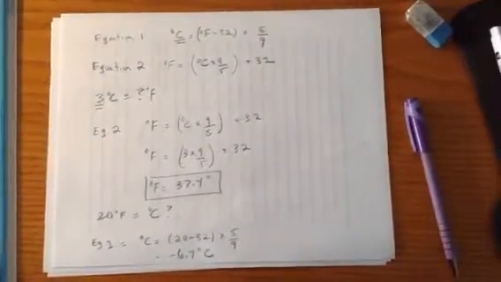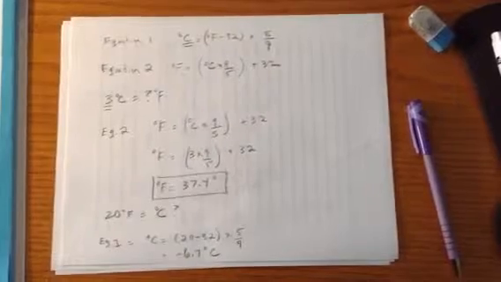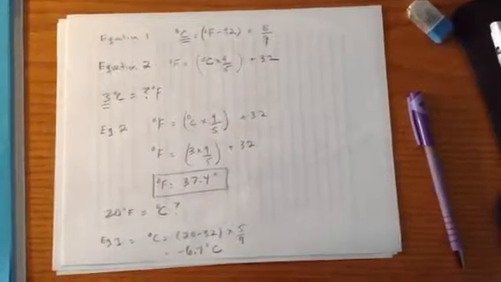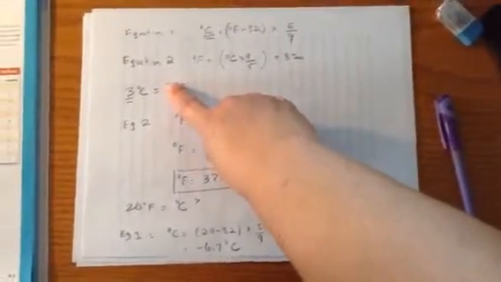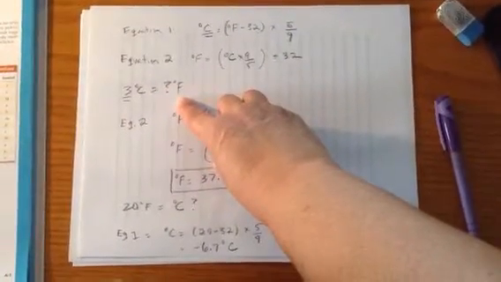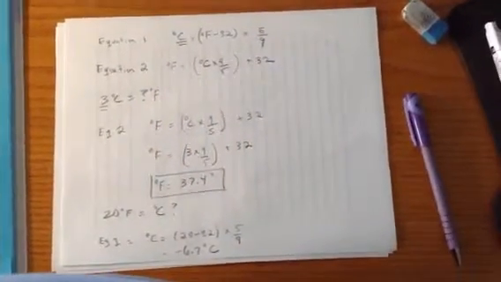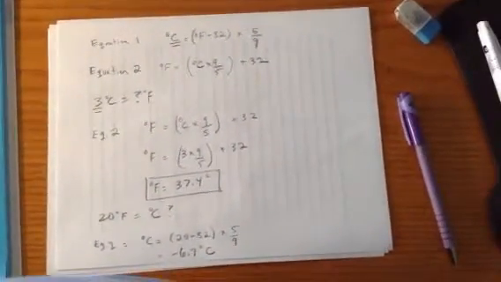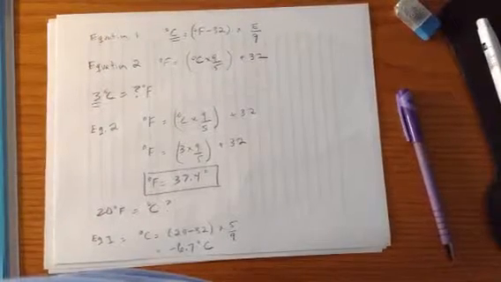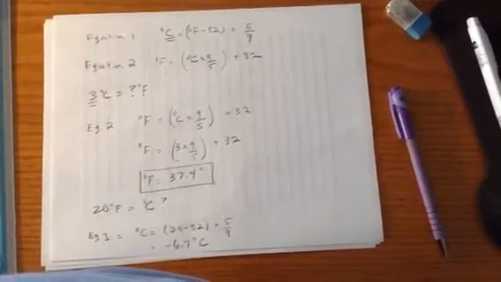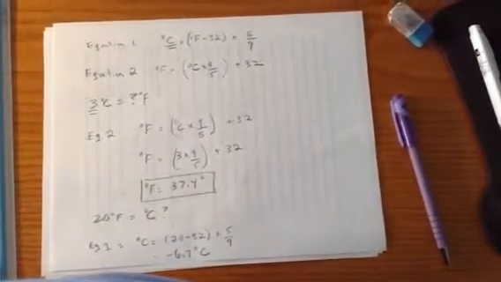So depending on what we want, we use equation 1 or 2. If we do an example, 3 degrees Celsius equals how many degrees Fahrenheit? Then I want to use equation 2, because I want to get degrees Fahrenheit. So where I see degrees Celsius, I just plug in the 3.